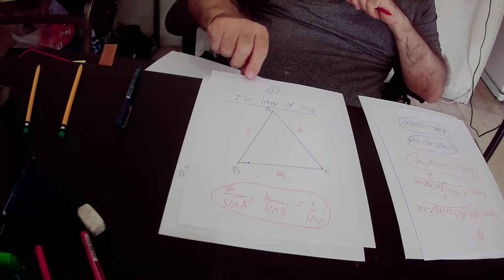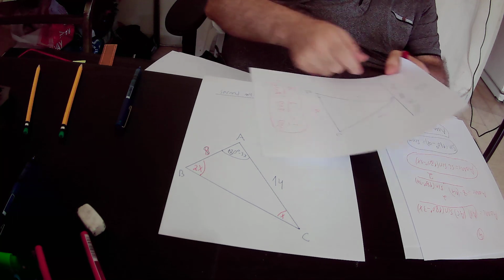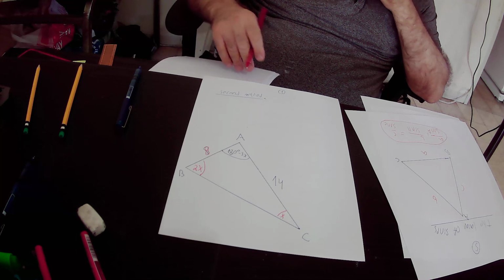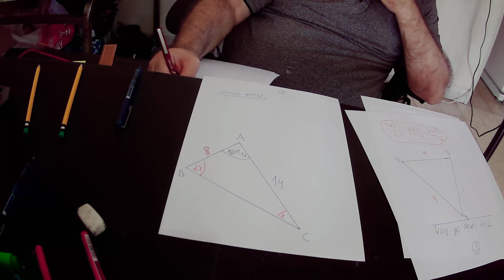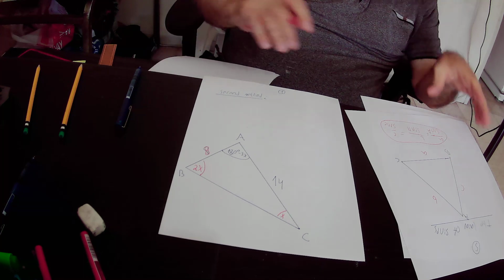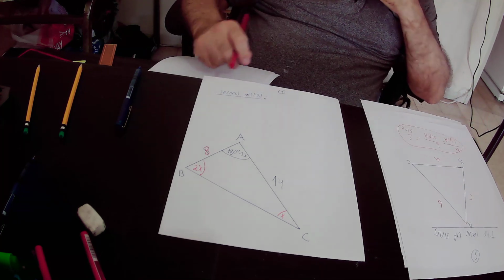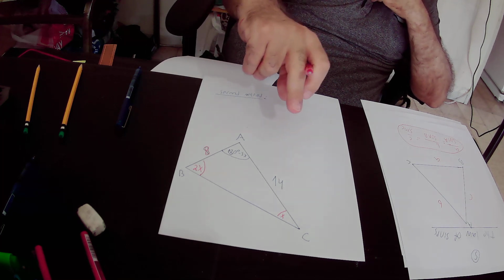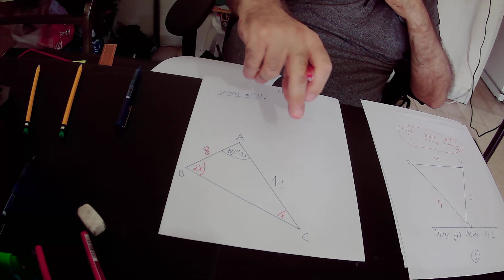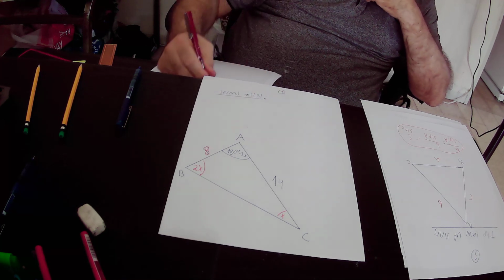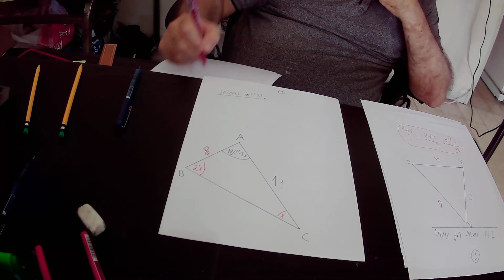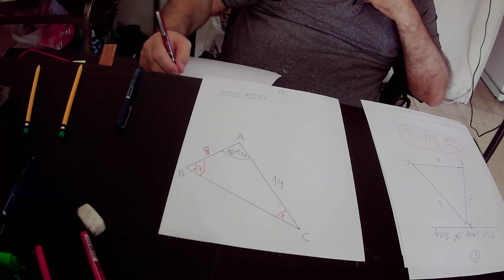And again, we can implement the law of sines in our triangle ABC. According to the law of sines, in our triangle ABC, 14 over sine 2x will be equal to 8 over sine x.